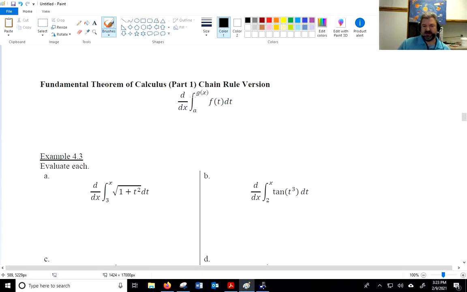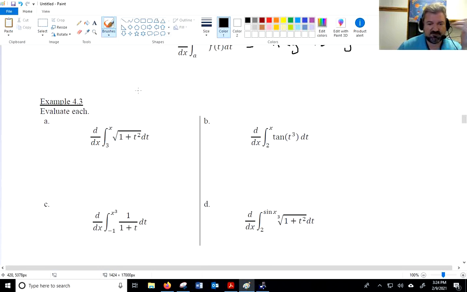When the upper limit of this integral is actually a function, what we have to do is replace it inside f like this, and then multiply by the chain. So we plug in g exactly as it is, but multiply by the chain. In fact, we could have said we were doing that earlier, but we were dealing with just x, which has a derivative of 1. So be on the lookout for that.